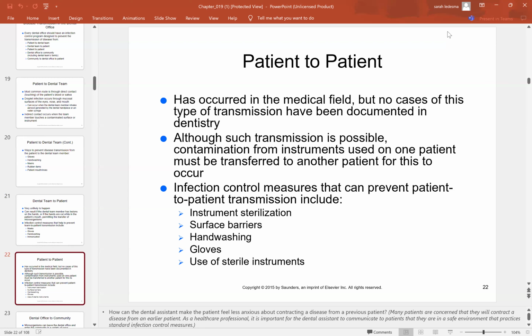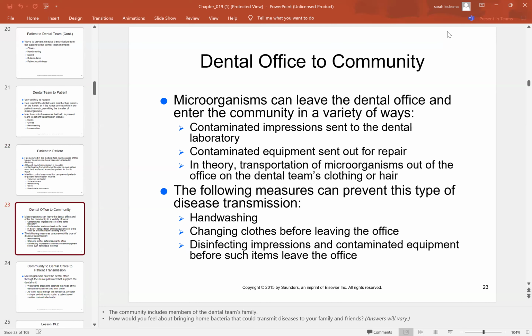Patient to patient has occurred in the medical field, but no cases of this type of transmission have been documented in dentistry. Although such transmission is possible, contamination from instruments used on one patient must be transferred to another patient for this to occur. Infection control measures that can prevent patient to patient transmission include instrument sterilization, surface barriers, hand washing, gloves, and the use of sterile instruments.